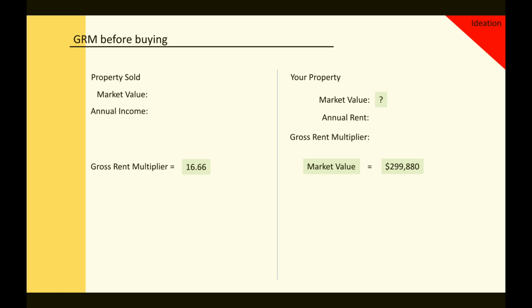There could be different things that would change the value of the property. For example, the property that was sold was possibly in a newer condition, which is why it's generating more rent. Or your property has brand new appliances installed, a new kitchen done, so the value might have changed.